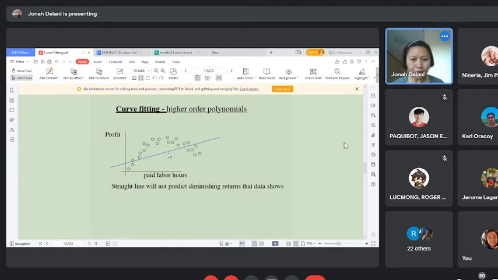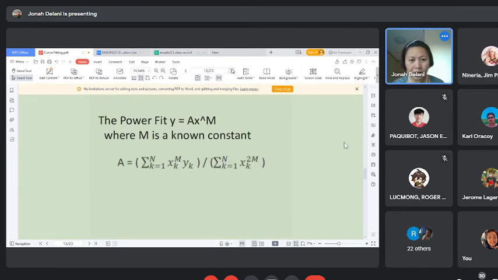So in this case, we would also have another form for this. We would have the power fit, which is y equals a times x to the m.